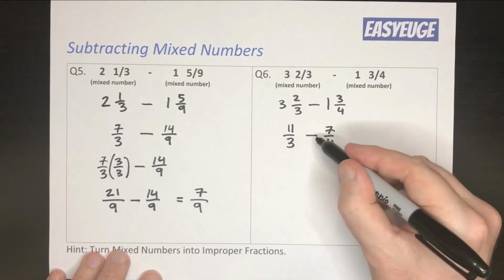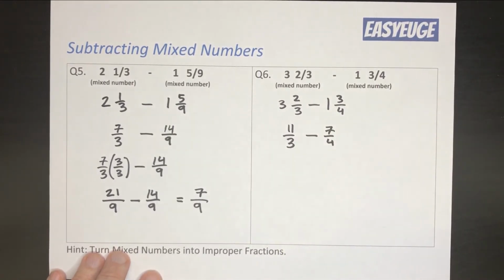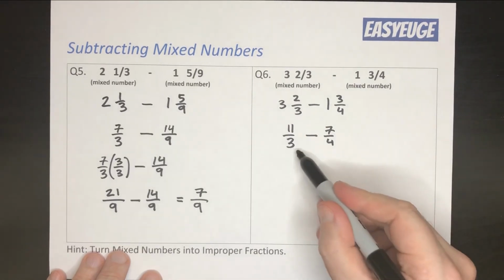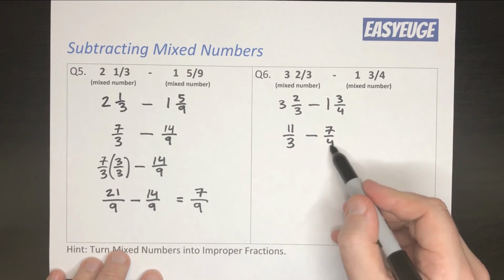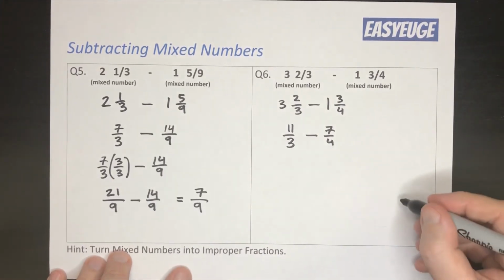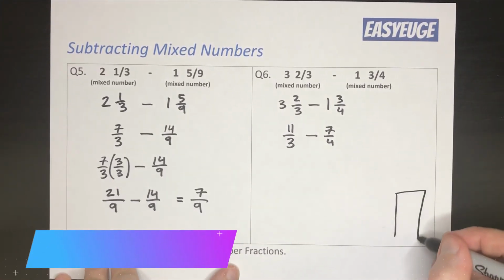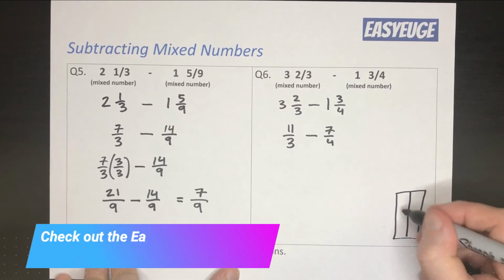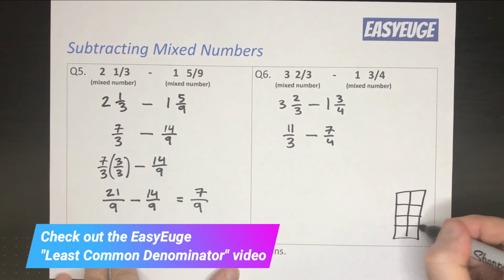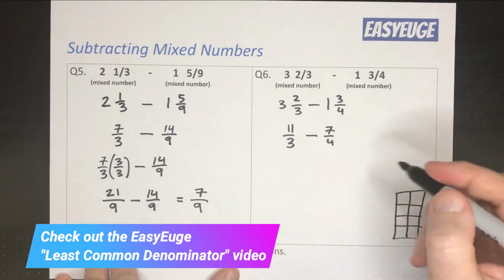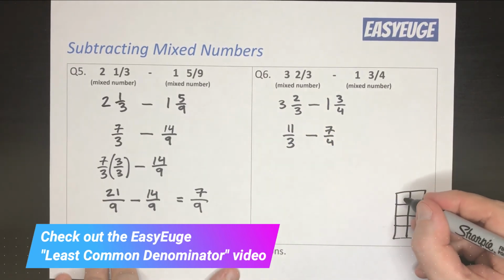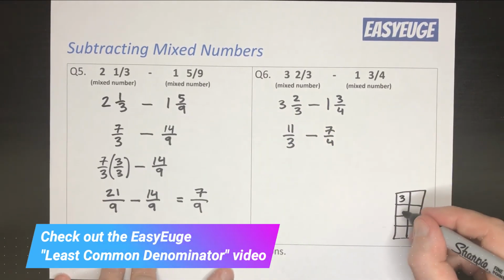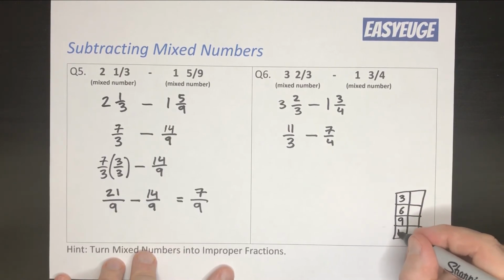So it's 11 over 3, take away 7 over 4. Now at the moment we can't subtract these because these numbers are not the same. So let's build up our least common denominator table, and we'll start with the first fraction, 3. Let's write down all the multiples of 3. 3, 6, 9, 12.